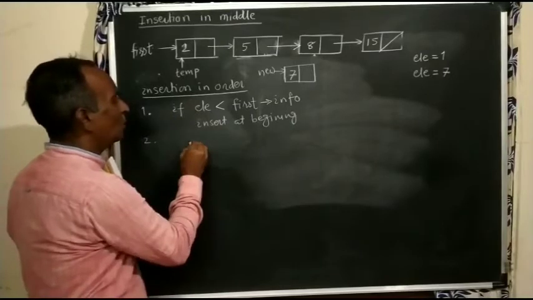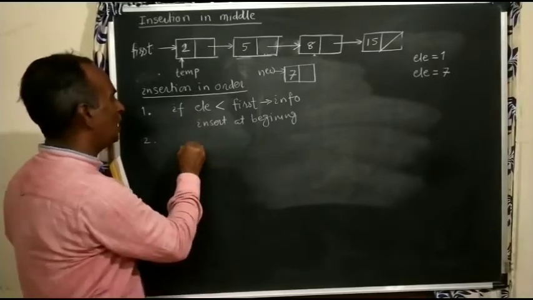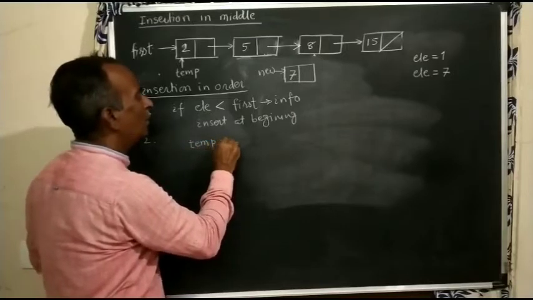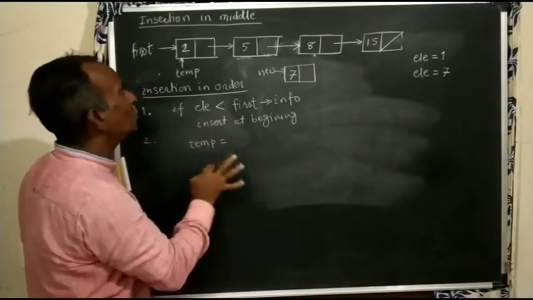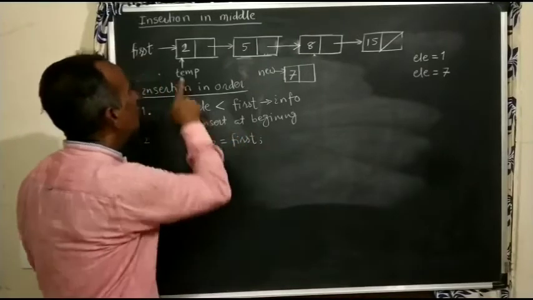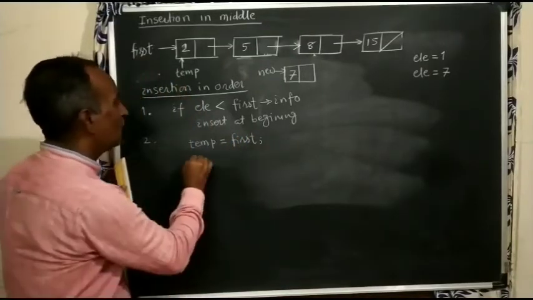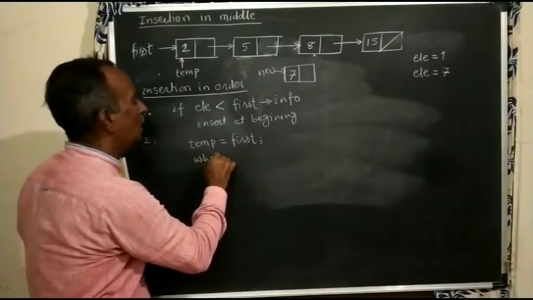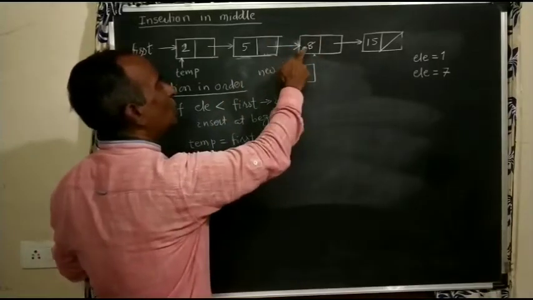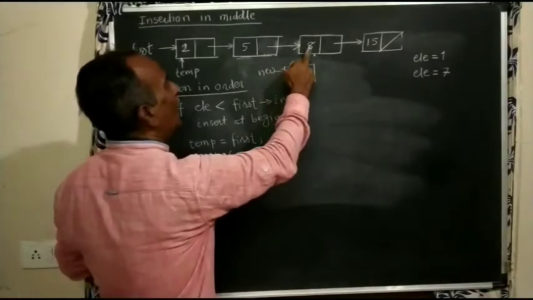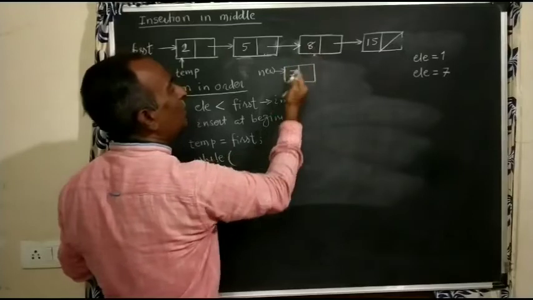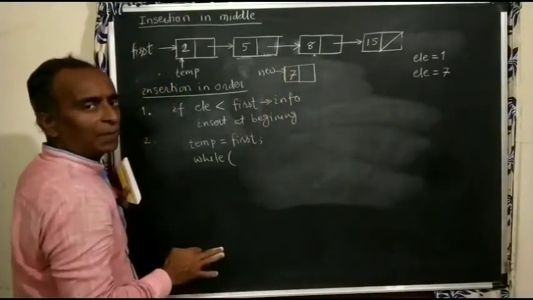Now, this is rough work I am doing, we have not yet come to the conclusion that this is the logic. So first is given, temp is set. Now if I say while we are moving until, suppose, I get the element in the information field greater than this.